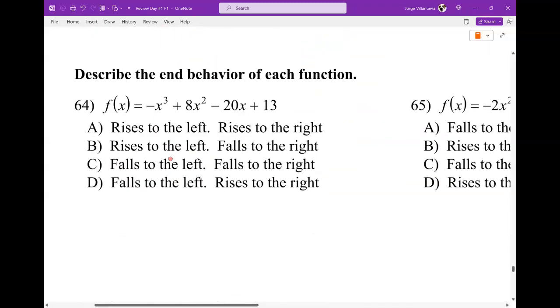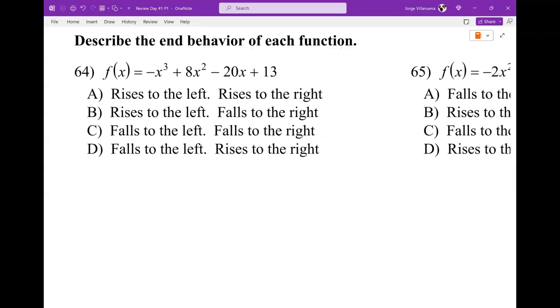All right, this is where you need that big old chart, right? What's the degree, even or odd, and then is the A term positive or negative? So my degree here is what? It's 3, so that means odd. So n is odd, and what's my A term, positive or negative? Negative, so A is negative.